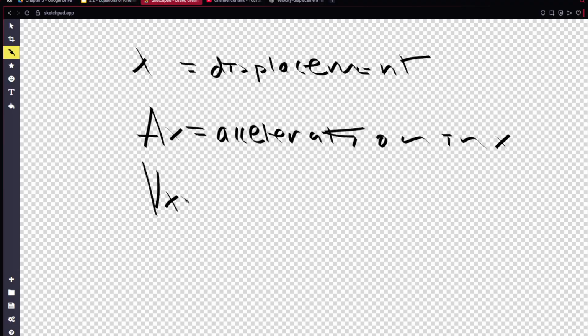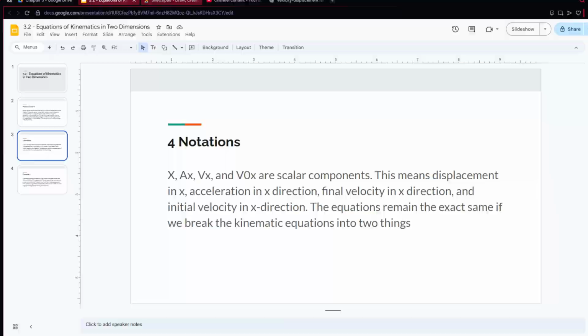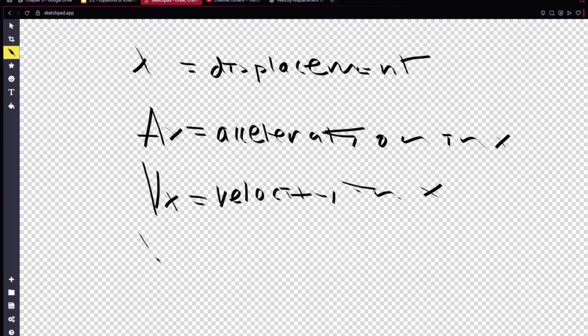Vx is velocity in the x direction. And Vox is initial velocity in the x direction, which is pretty self-explanatory, because anything with the zero is a subscript.